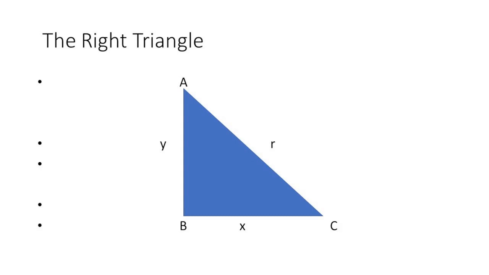And for the right angle B, this will be the opposite side, and the hypotenuse. So we are through with the definition of trigonometry, and we said it is all about the study of the right triangle.